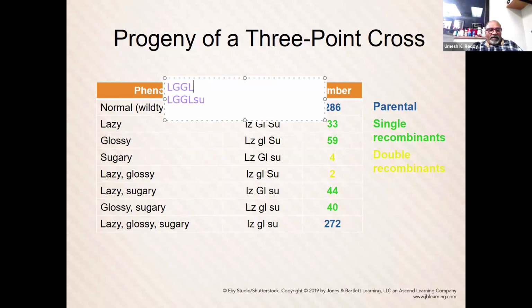Lazy, glassy, sugary chromosome, when it is crossed with small lazy, glassy, sugary, like the test cross I mentioned. If the recombination might have happened, this plant is called sugary. We can name it sugary because for lazy, this is lazy.